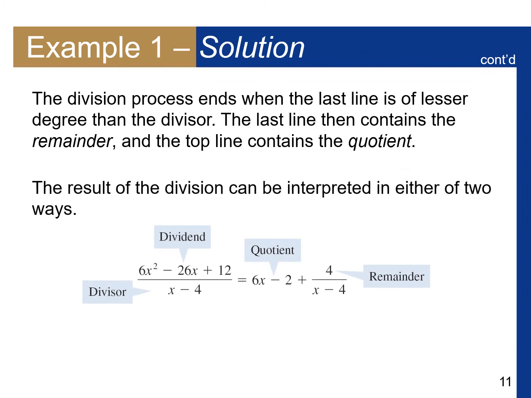So what they're showing you here is also another way of saying 6x squared minus 26x plus 12 divided by x minus 4. And my answer to that problem, or my quotient, is my 6x minus 2. And as I showed you, then you take the remainder over what you're dividing by, x minus 4.